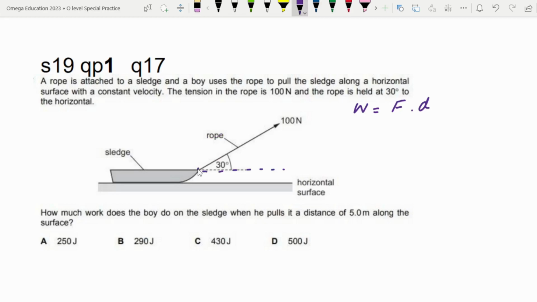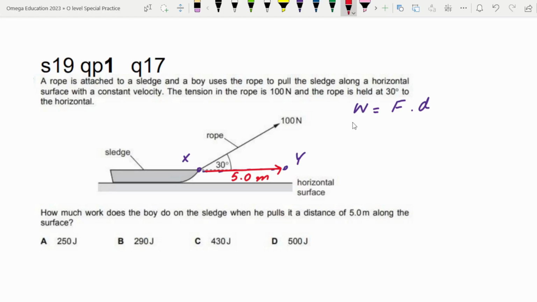But you see, the distance is covered in this direction. Let's say this is a point X, and then the boy moves towards a point Y through a distance of 5.0 meters. So distance is there, but the distance is in this direction. The force is not in this direction. So what do we do?